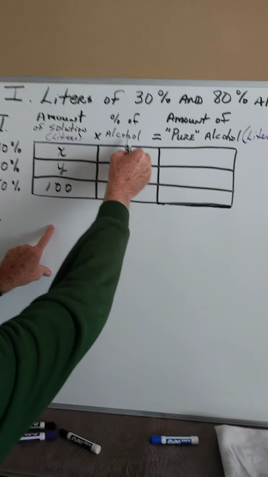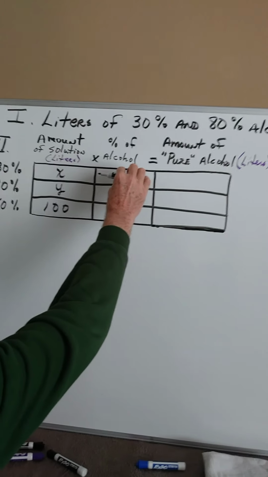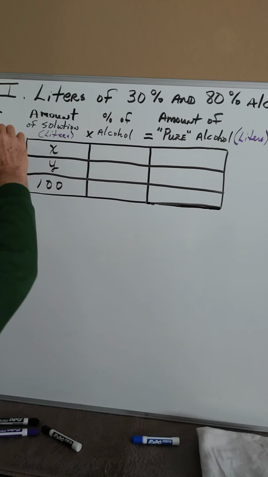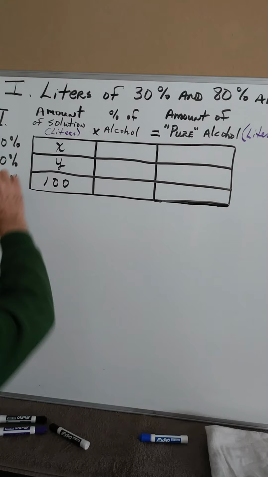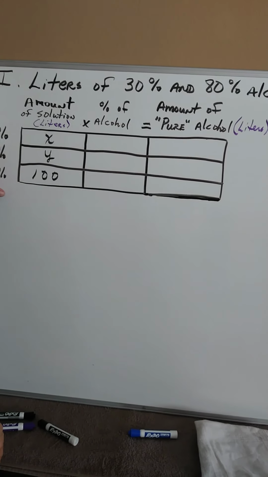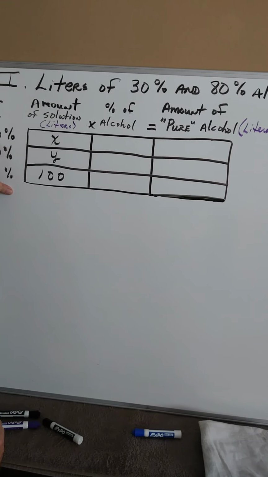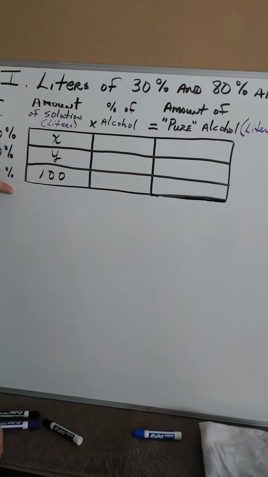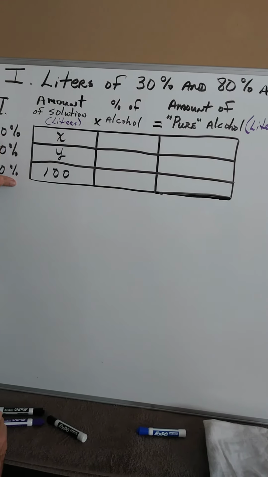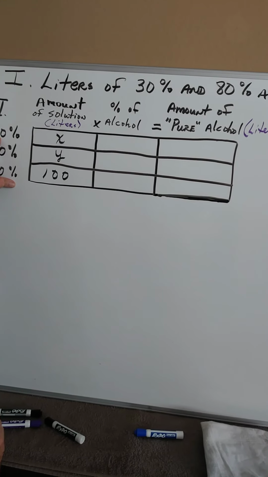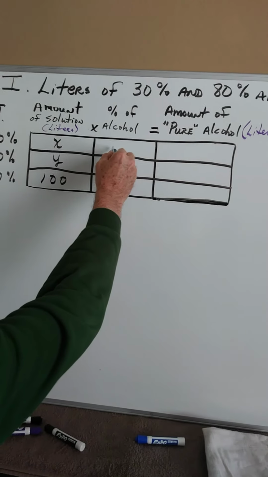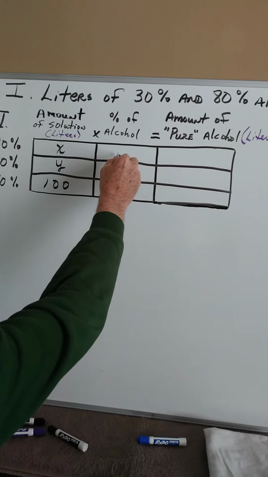Now the percent of alcohol that is going to be derived from each one of these containers. He's going to pull some alcohol out of a 30% container. The strength of the alcohol in this container, 30%. Over here, we express it as a decimal.